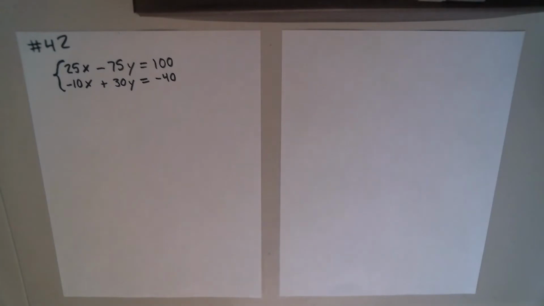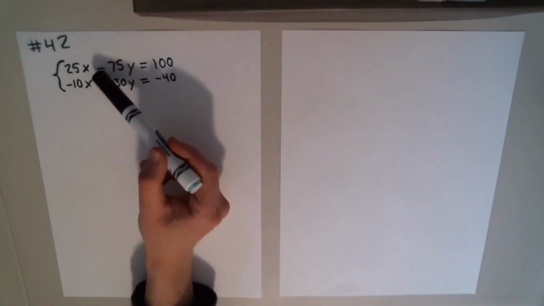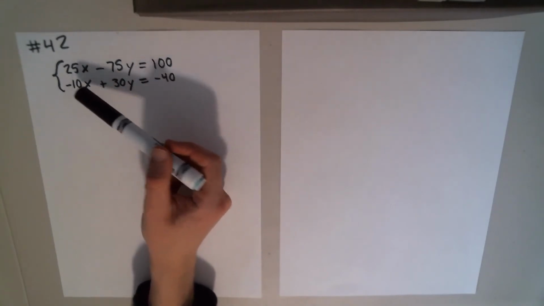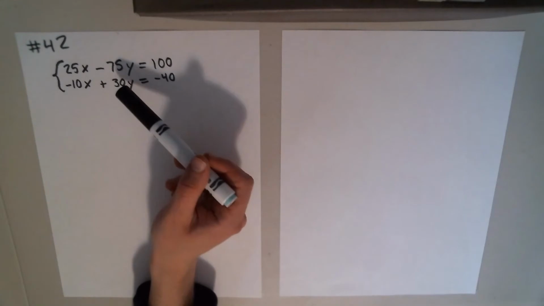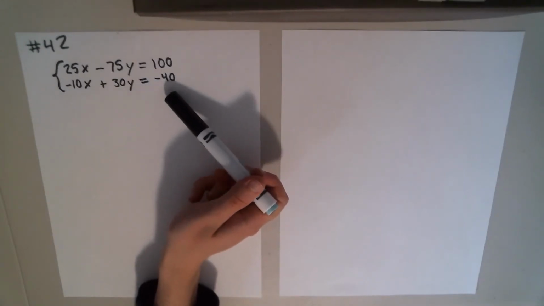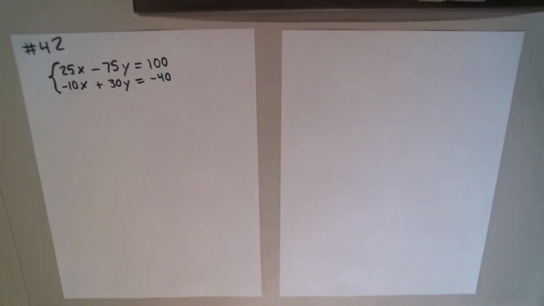Okay. So we've got our system here. It's 25x minus 75y equals 100. And then negative 10x plus 30y is equal to negative 40. Okay, and so this is our system of equations.